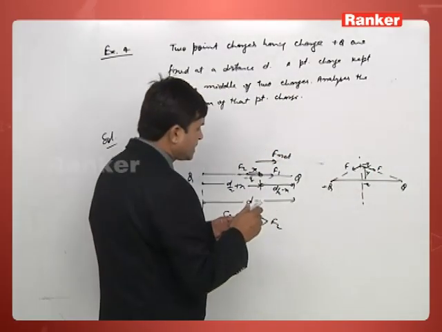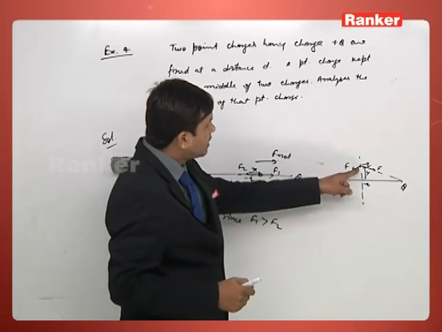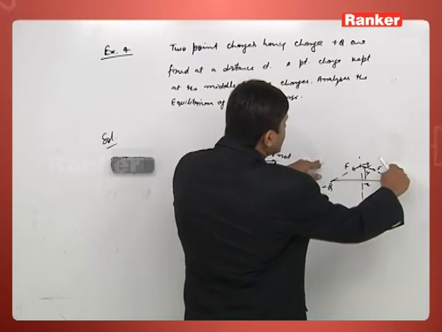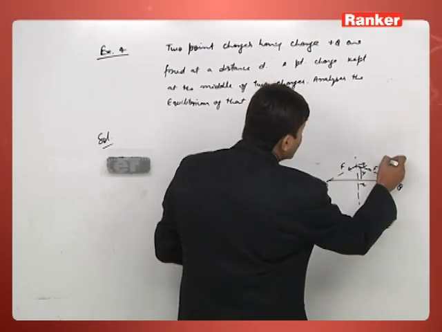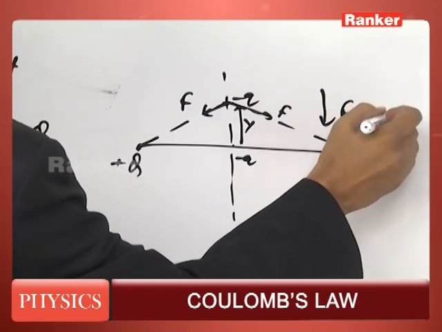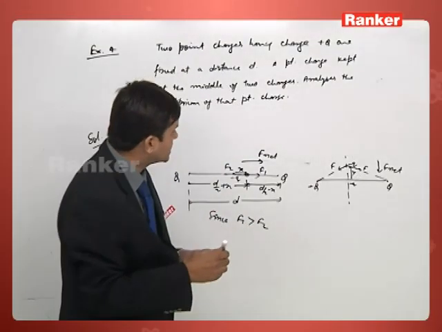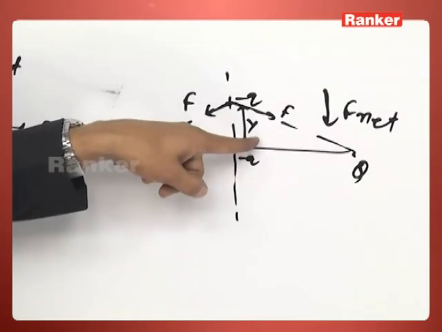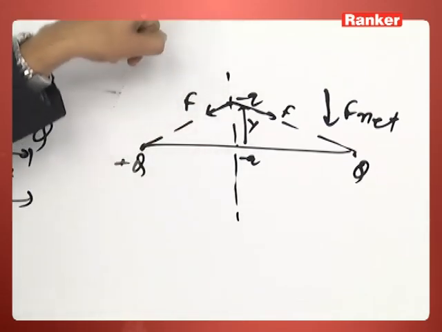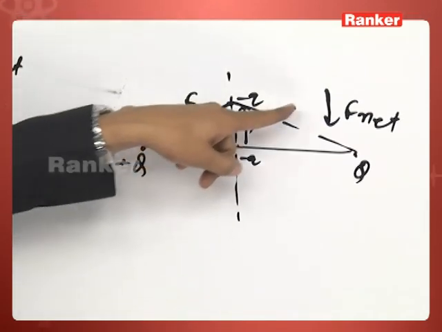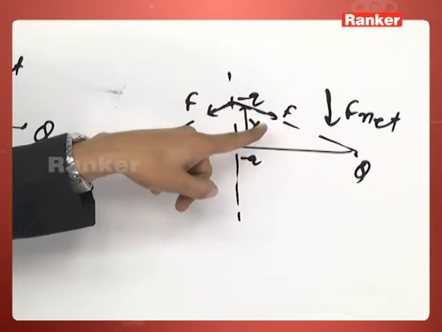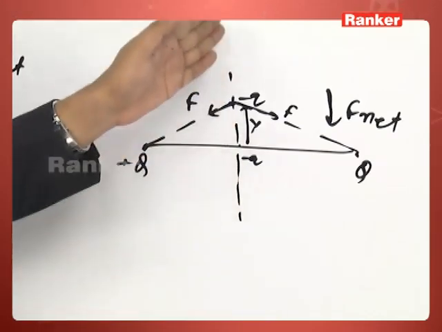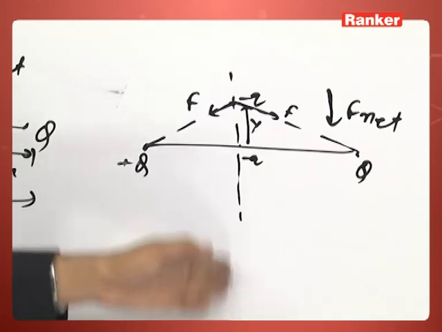Now if we see the resultant force, the components of F in the horizontal direction will cancel, only the vertical direction will remain, and that is downward. The resultant force will act in the downward direction, opposite to the displacement of the charged particle along this line. So what I found here is that the force and displacement are in opposite directions. It means the particle is in stable equilibrium along this line.